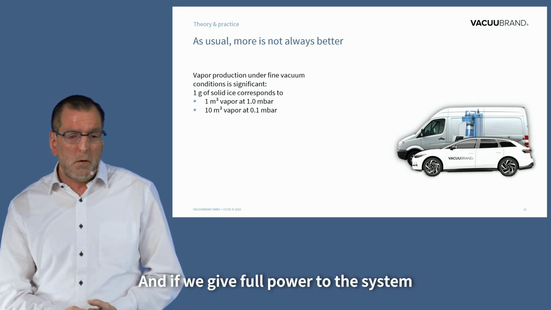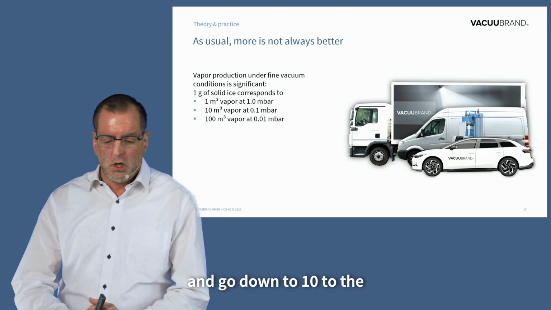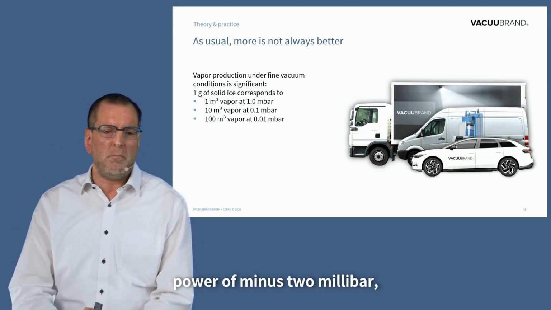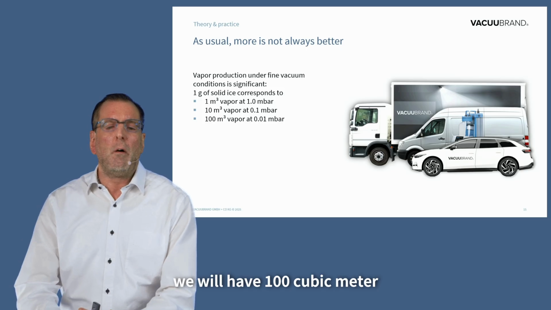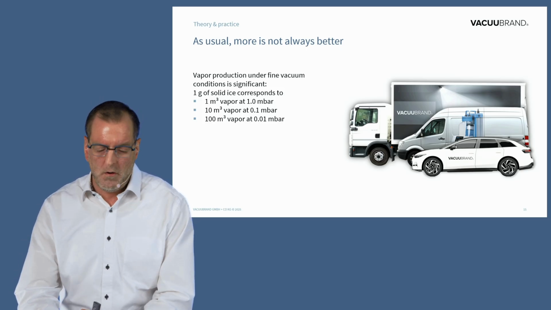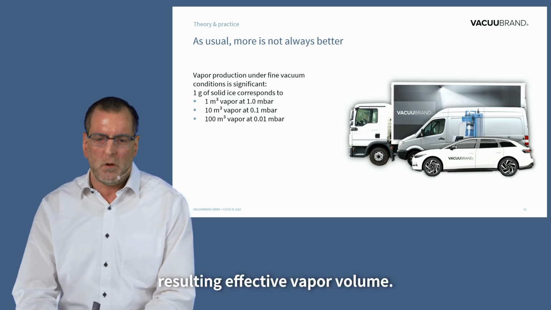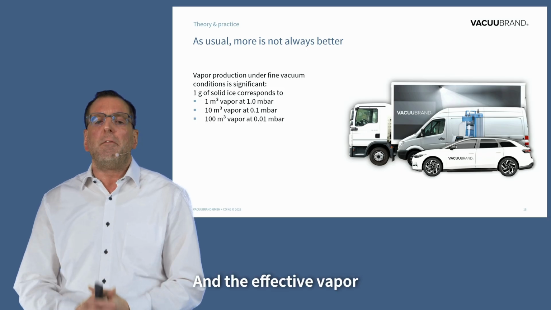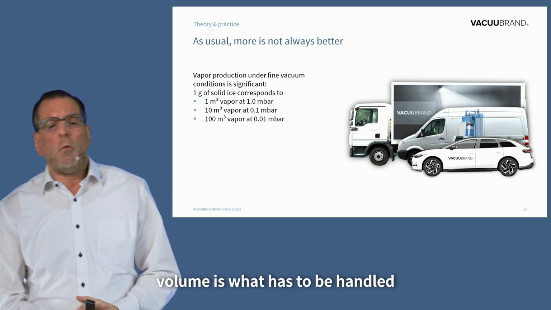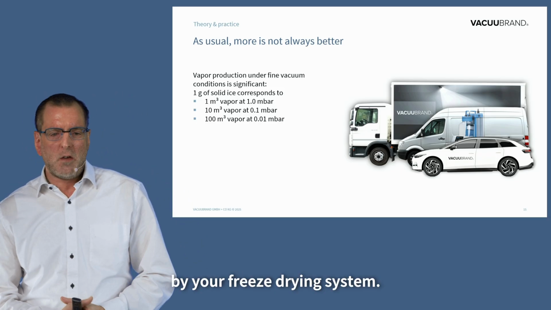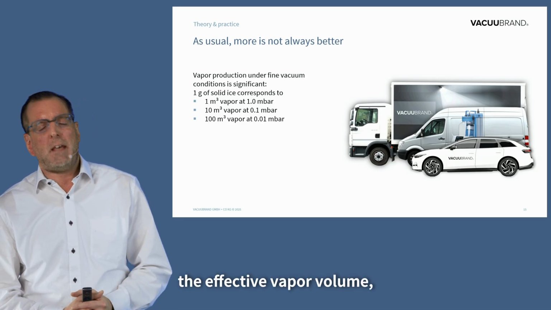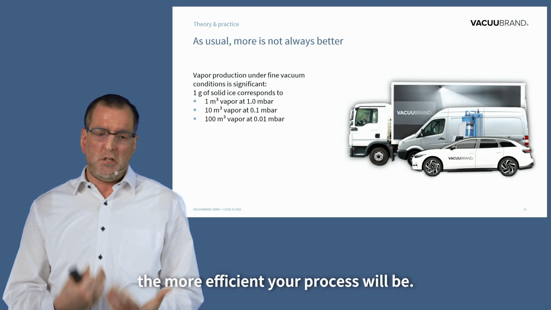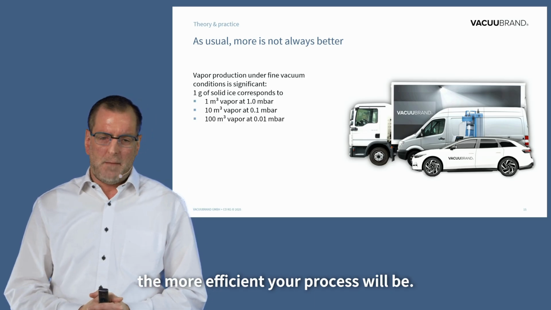And if we give full power to the system and go down to 10 to the power of minus 2 millibar, we will have 100 cubic meters of effective vapor volume. And the effective vapor volume is what has to be handled by your freeze drying system. The smaller you keep it, the more efficient your process will be.